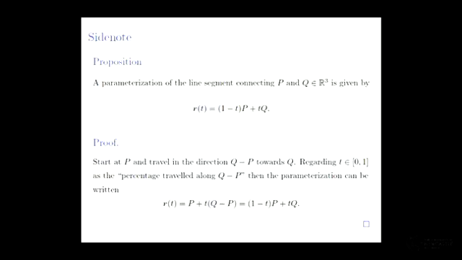So all the t's between 0 and 1 are the same as all the percentages between 0 and 100. So this line segment is parameterized by this. And if I simplify this a bit, you get (1 minus t)P plus tQ. But you can always work out this equation again by just thinking I need to go some percentage down the direction to the other point. You can always rework it out.